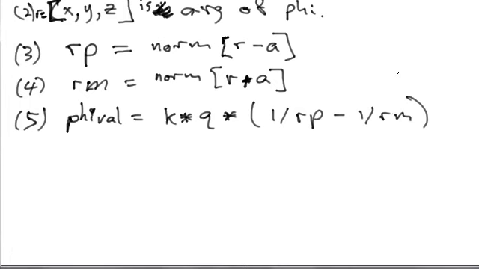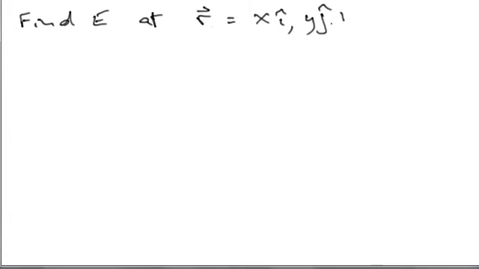Alright, now I gotta find E. Find E at a position given by the vector r, which will be an array x comma y comma z, times k.